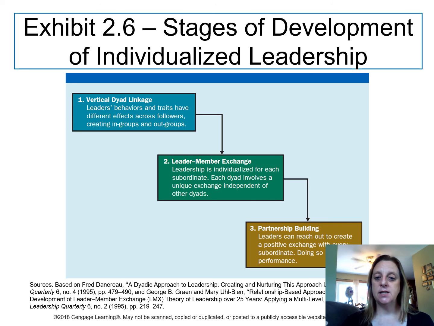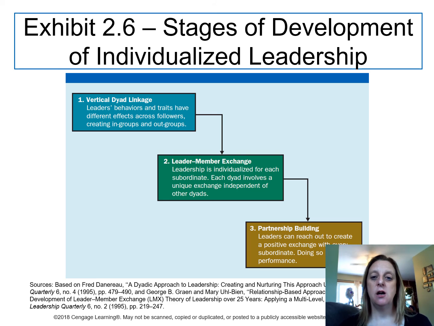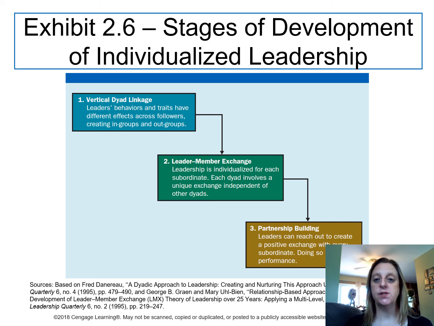Related to that, the second phase of individualized leadership is specific attributes of the exchange relationship, right? So this is referred to as the leader-member exchange.